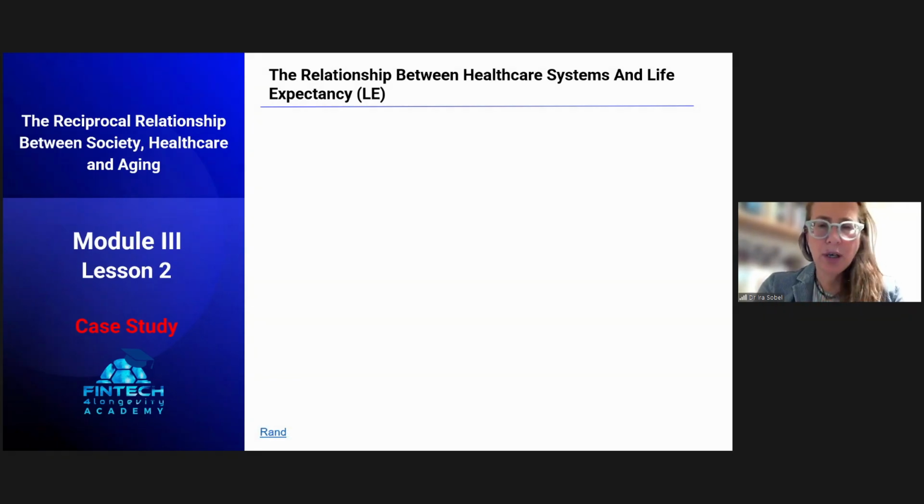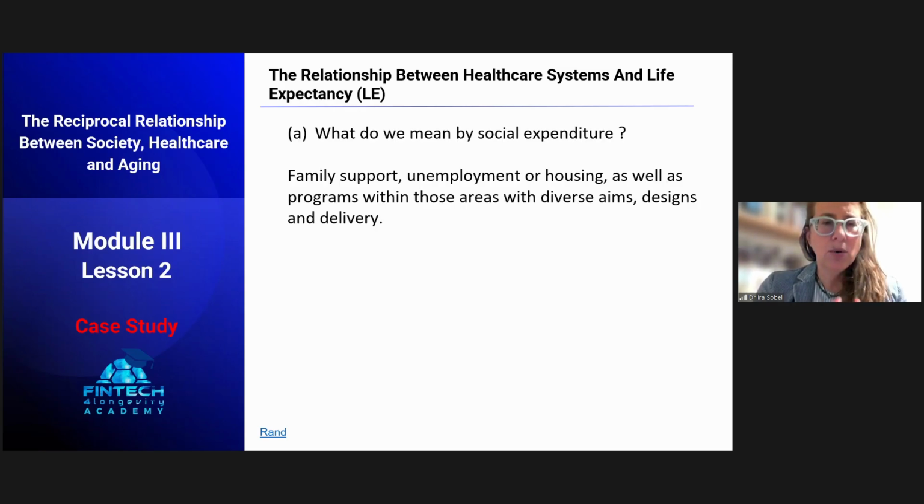Before we move on to see what the health expenditure and the social expenditure in the US are, let's define two important terms. Number one is social expenditure. When we say social expenditure, we mean family support, unemployment or housing, as well as programs within those areas with diverse aims, designs, and delivery.